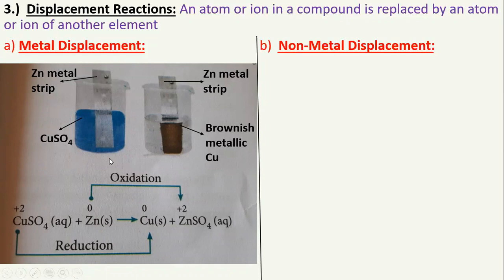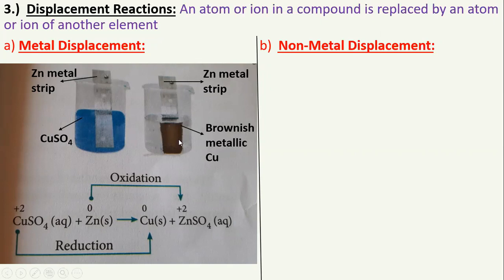Now after some time, what happened is that the beaker containing the solution will change to a colorless solution. This blue color will change to a colorless solution. And the zinc metal strip has become coated with a brownish metallic copper.